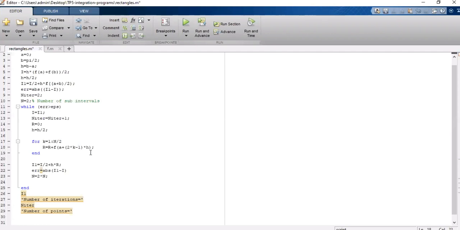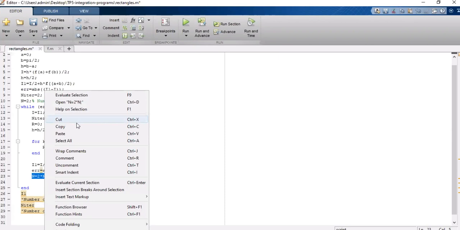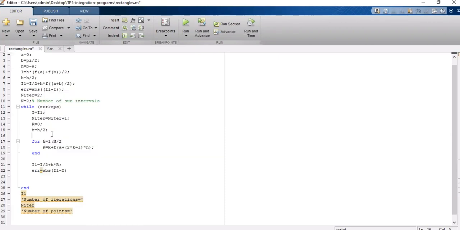Minus 1. Okay. Let's add the plus 1 here. So the expression is 2k minus 1 here. Right. Let's recalculate this for the rectangle.